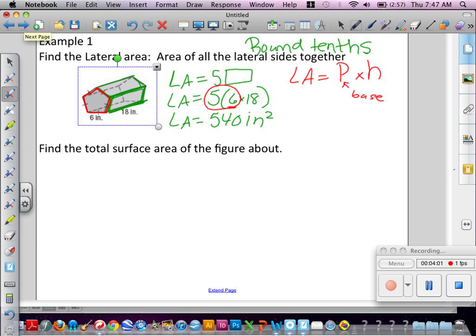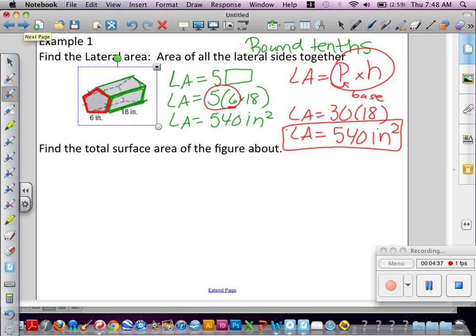And so if you take a look here, when I look at this pentagon, I have 5 sides and 6 inches on each side, so my perimeter is 30, and then I'm going to multiply it by the height, which is 18. I like this. This is quick and fast, but if I don't remember that formula, I can always go back and say, okay, each side is 6 by 18 and then times it by 5. I'm getting the exact same answer. 30 times 18 is 540 inches squared.